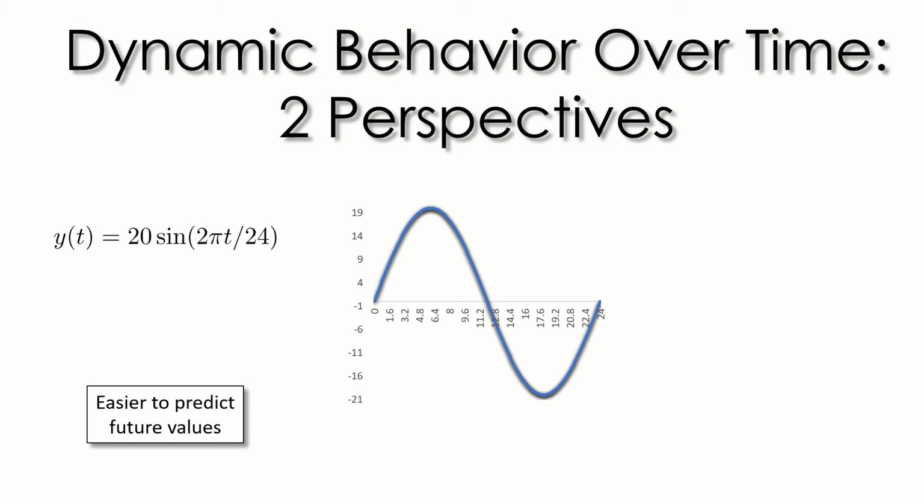In one expression, it allows me to immediately know where the system's going to be at a particular time. Up until this point, it is my guess that this is the traditional way you're used to turning a graph like this into an expression: looking for an expression that directly maps, for every time, what the value is going to be. That is one perspective.